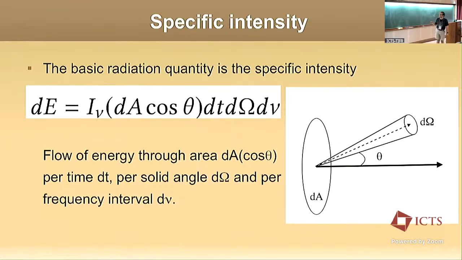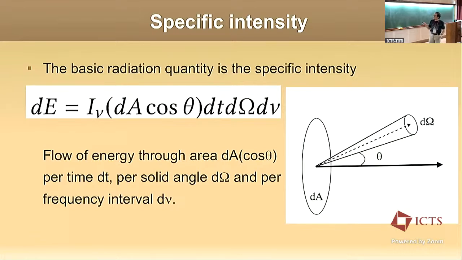So that's just the energy that passes through in a particular direction per unit time and frequency. I have indicated here that it depends on frequency because there is also a frequency-integrated one, which we'll define later.